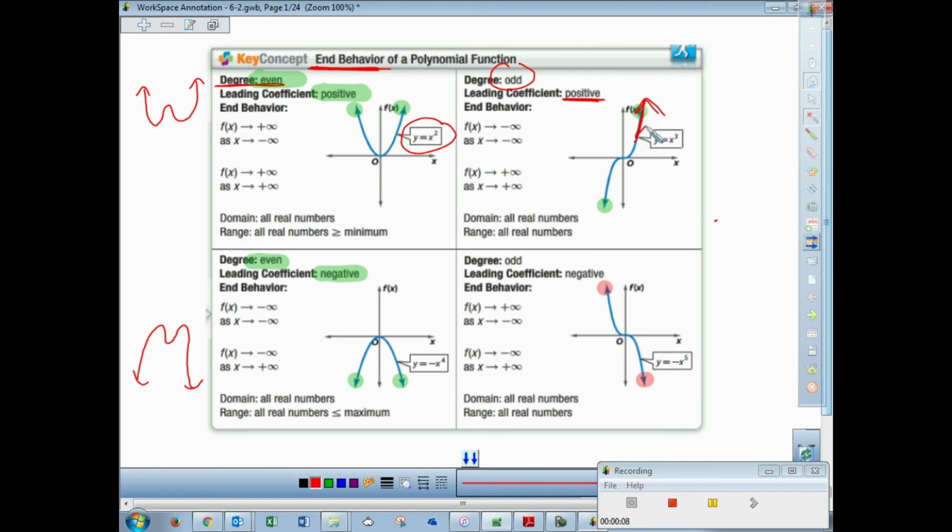Positive, you got an upright, and then you've got a down going that way. If the leading coefficient is negative, you do not have this thing going up as you go to the right. It goes up as you go to the left, and this goes down. So positive is up to me, and upright, like you're standing straight up and down. So positive, upright is the way I remember those.